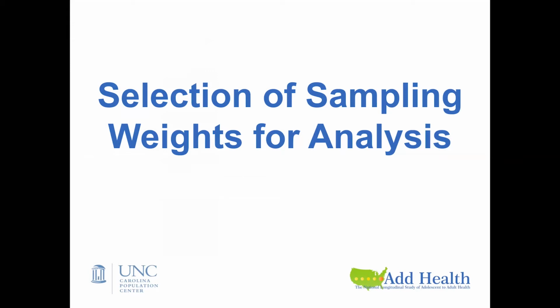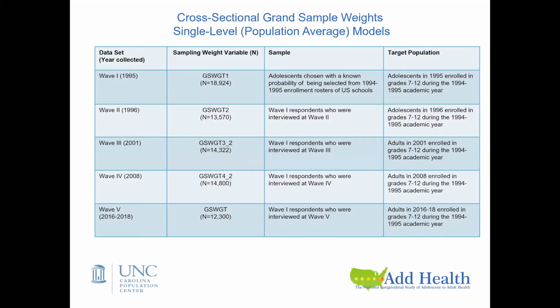And so by using these sampling weights as well as a variable to identify clustering of adolescents within schools, you can obtain unbiased estimates of population parameters and standard errors from your analysis. Now, the AdHealth sampling weights were developed for analyzing combinations of data from the in-home interview using a variety of techniques. And so I'm going to show you a lot of tables of sampling weights, and they're all going to run together, and you're not going to be able to remember anything, but you'll be very grateful to have them later when you're in your analysis and you're trying to figure out what sampling weight to pick.